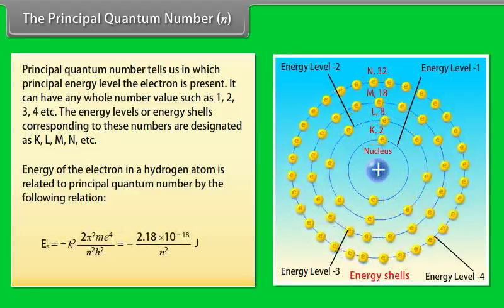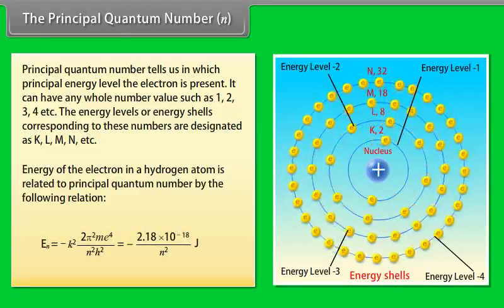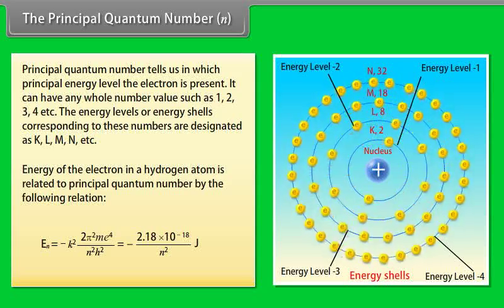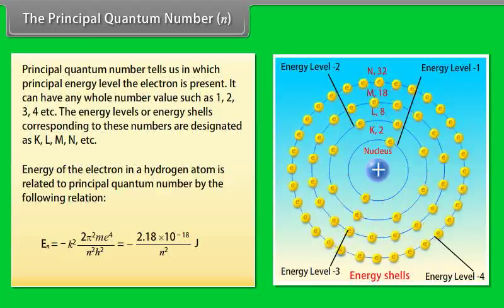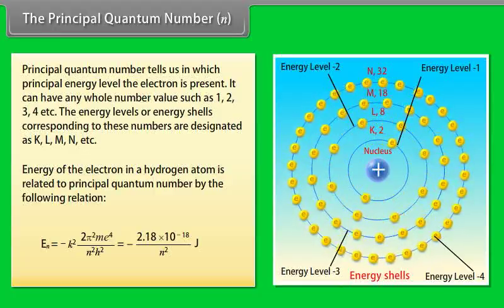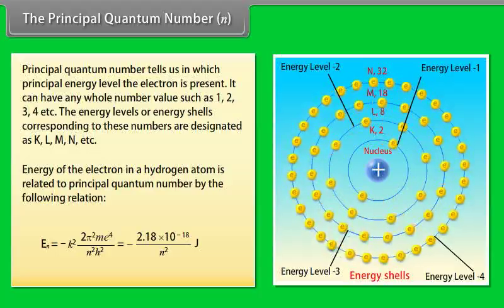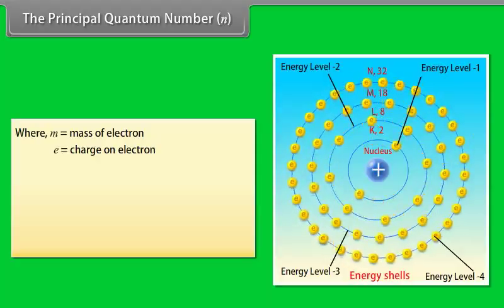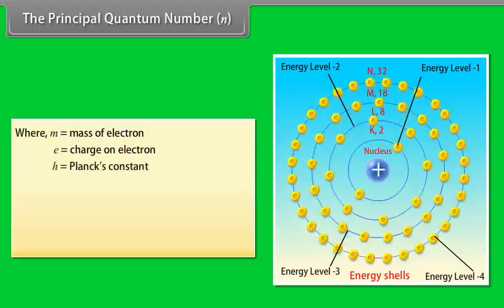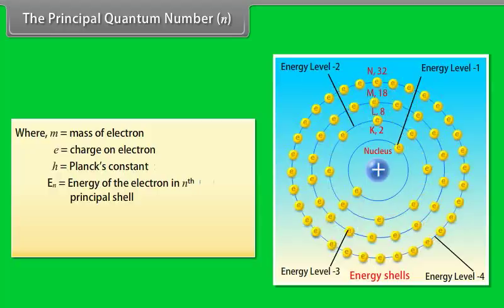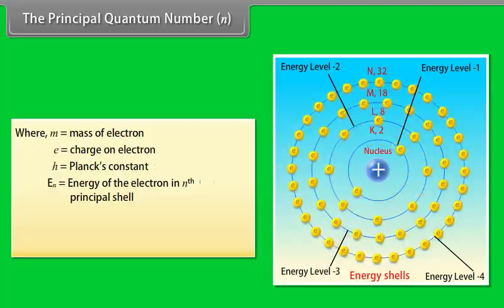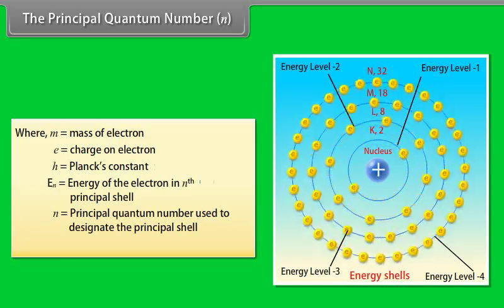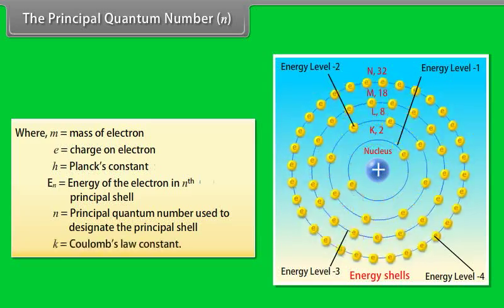En = −k² 2π² m e⁴ / (n² h²) = −2.18 × 10⁻¹⁸ / n² joule, where m is the mass of the electron, e is the charge on the electron, h is Planck's constant, En is the energy of the electron in the nth principal shell, n is the principal quantum number used to designate the principal shell, and k is the Coulomb's law constant.